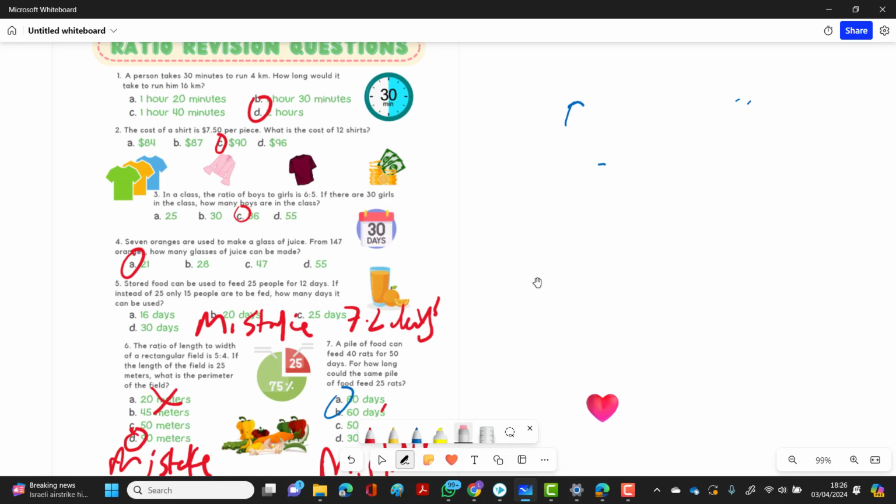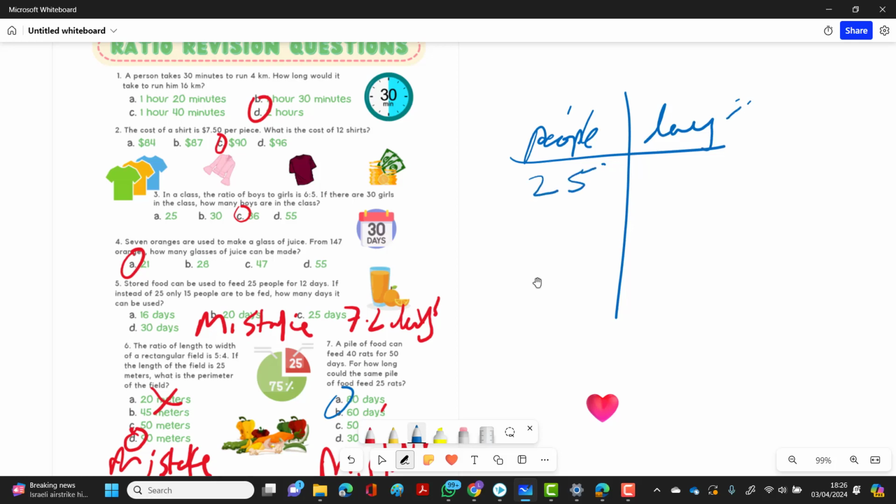Okay, number 5. Stored food can be used to feed 25 people for 12 days. So we have here people and days. So 25 people, stored 12 days.